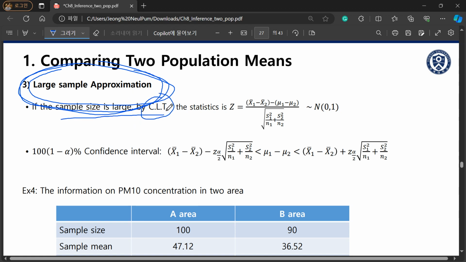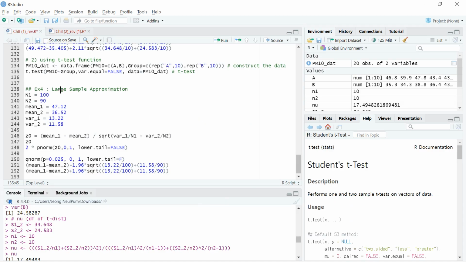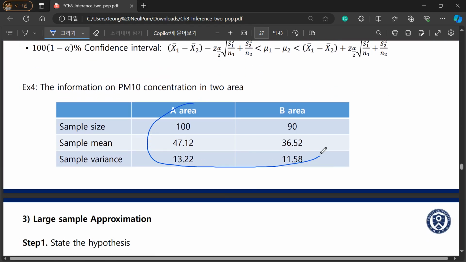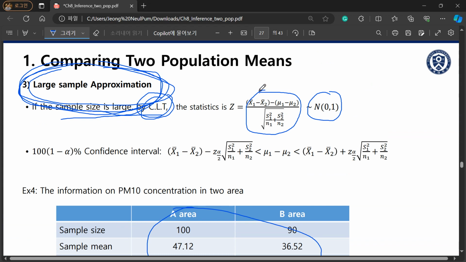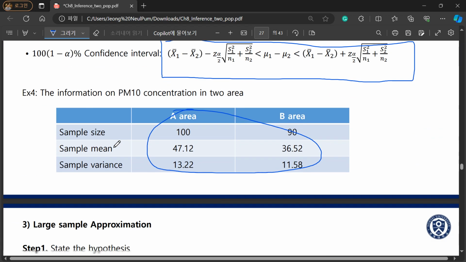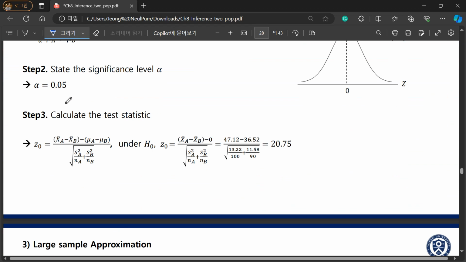We can say that we use the large sample approximation, so that this test statistic also follows the normal distribution based on the central limit theorem. So this is the information, and after we get this statistic, we can construct the confidence interval here.